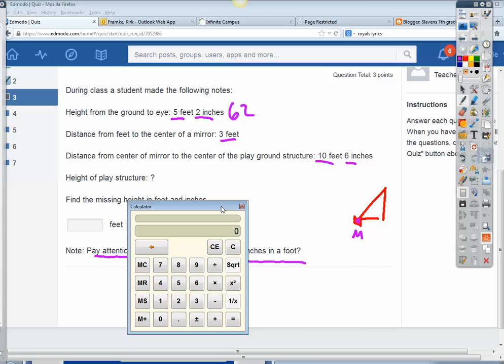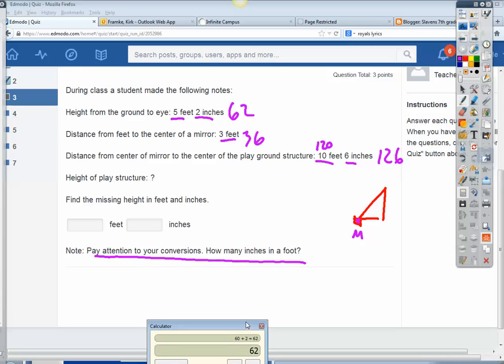We have 5 times 12 plus 2. There you have it. Well, that's just 3 feet, 10 feet 6 inches. 10 times 12 is 120 plus 6, so that's 126.